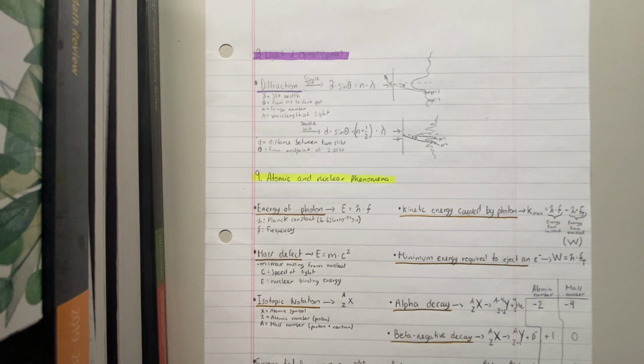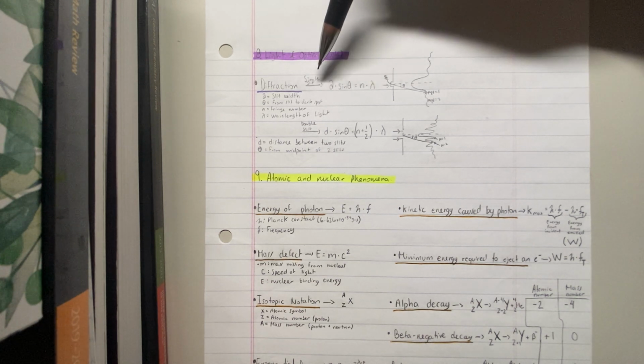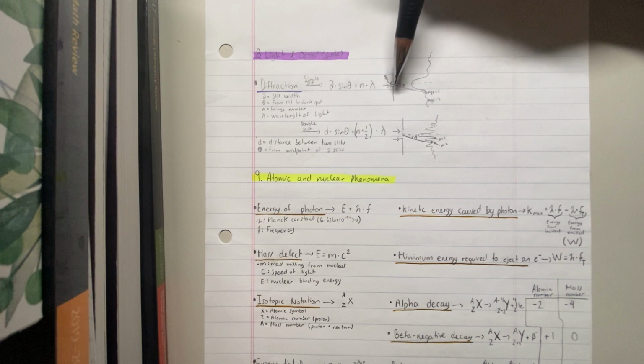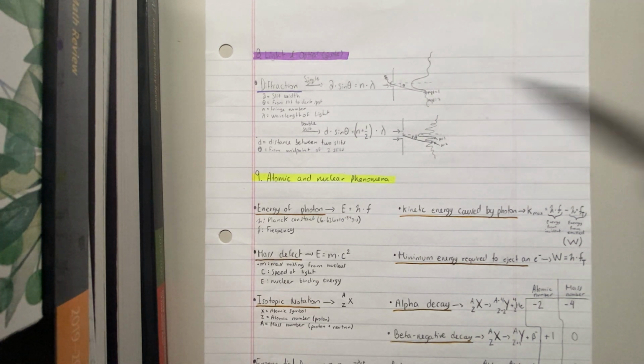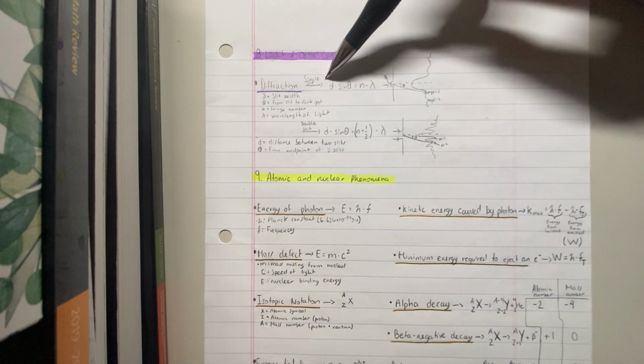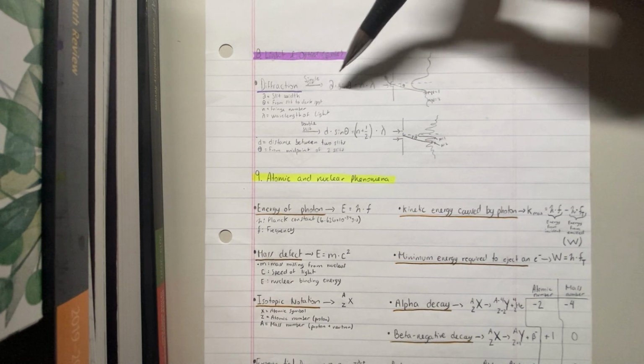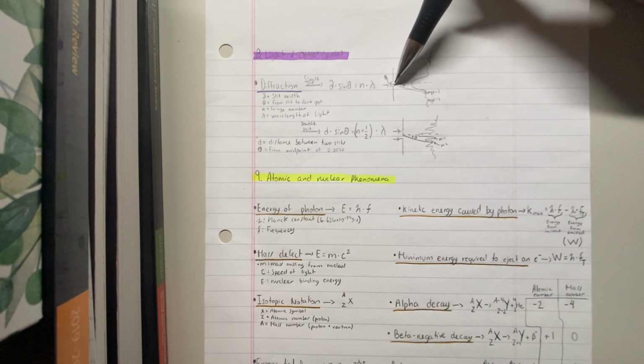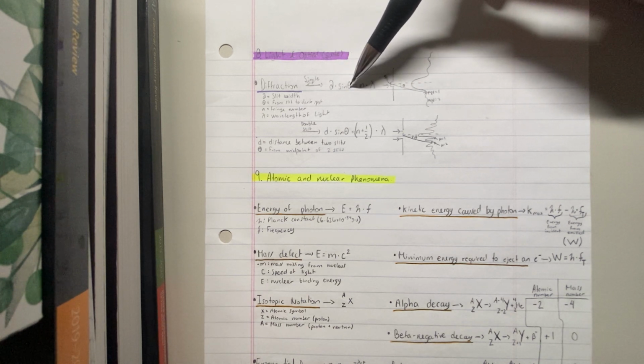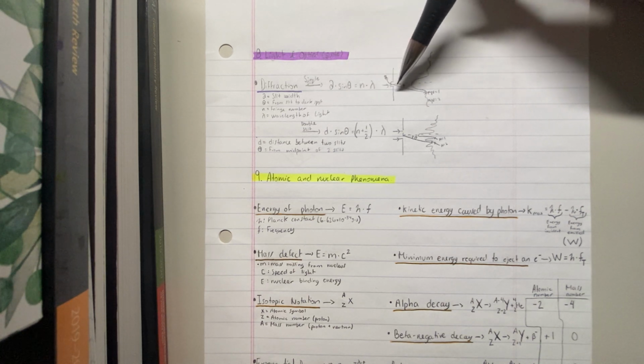So in the MCAT, they test two possible diffractions: single slit with one opening here, or double slit with two openings. For a single slit, you have this formula, which is the slit width, so the width of this slit here, times sin of the angle, alpha, which is the angle from the slit to a dark spot.